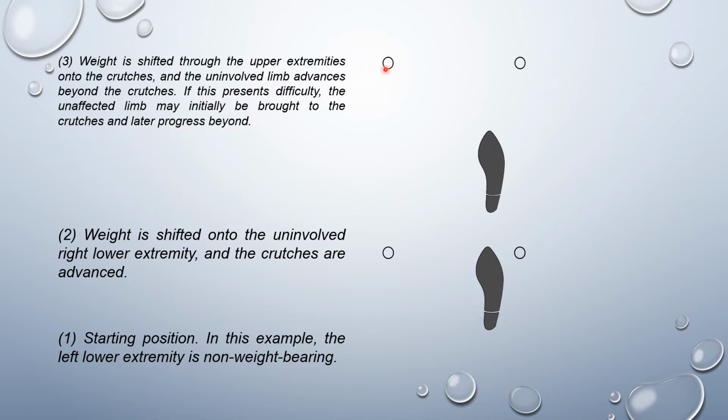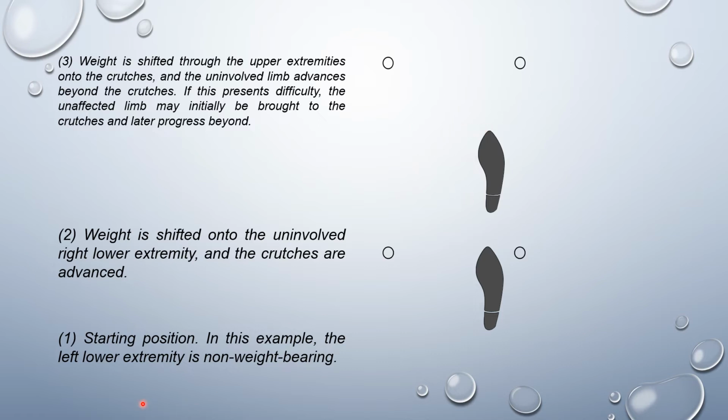The circle here on the left and the circle on the right represent the crutch. And then we have here the foot, blackened foot. So that is now your right foot. As you have noticed, there is no foot available here. So meaning the patient is an amputee.